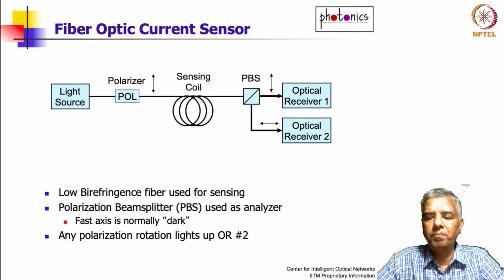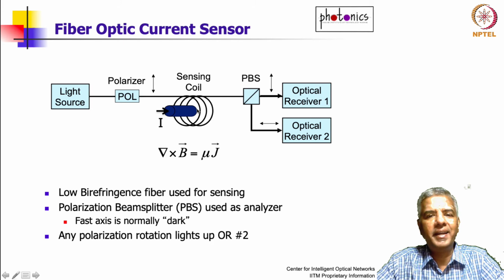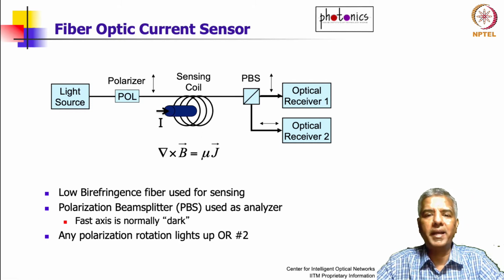But that can change if you introduce a current-carrying conductor through the axis of this coil. When you have a current-carrying wire inserted through the middle of this coil, we know that the Biot-Savart law and Ampere's law tell you that whenever there is a current going through this conductor, there is going to be a concentric generation of magnetic flux around it.